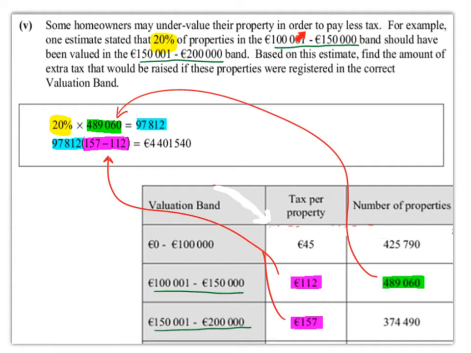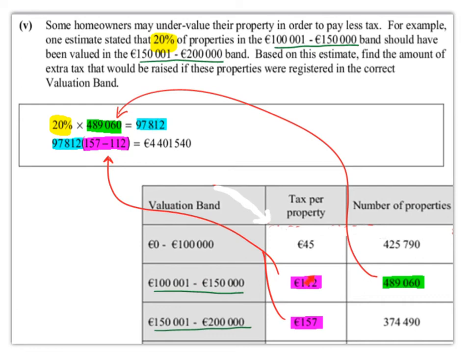So the €100,001 to €150,000 band is this band here, from our table. And we worked out the number of properties to be 489,060. So we're being told in the question that 20% of these properties should be in the next band. So 20% multiplied by 489,060 is 97,812. So this is the 20% of that band.